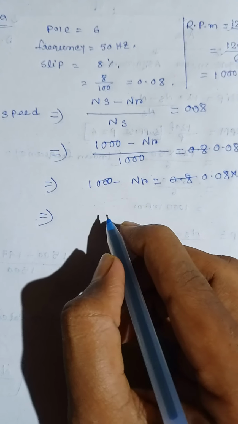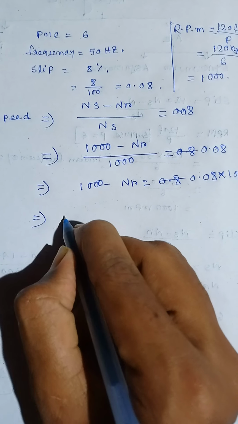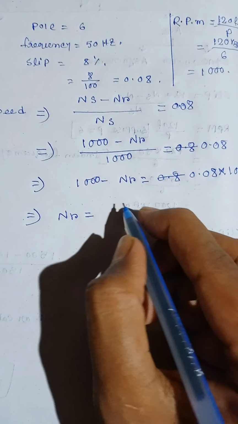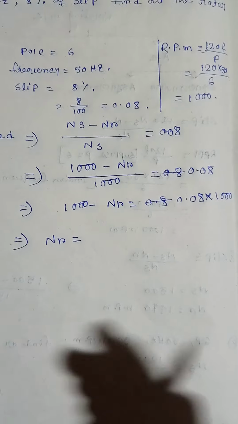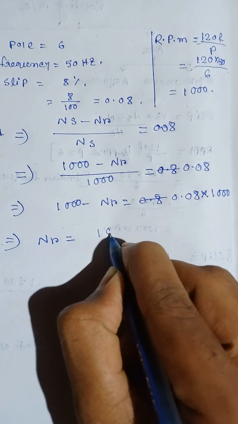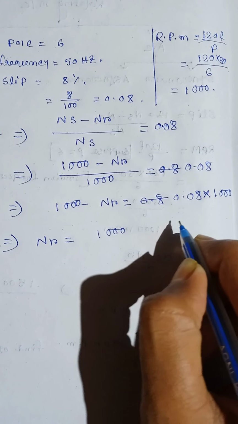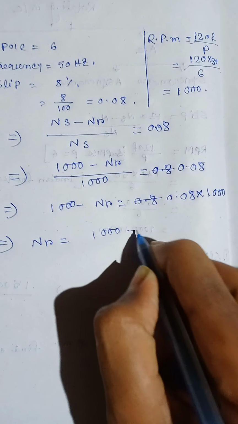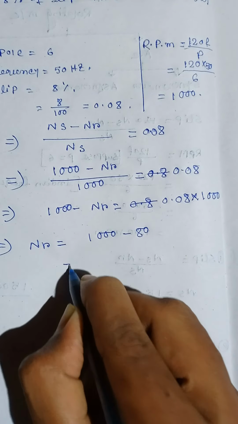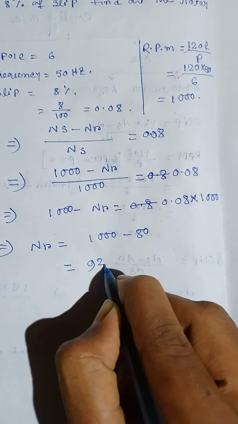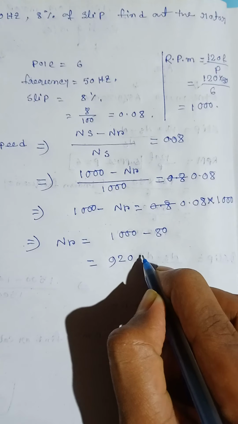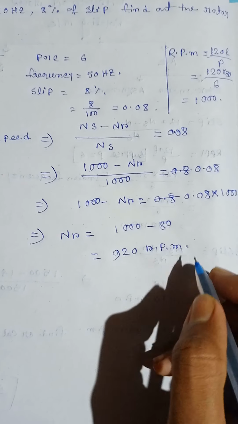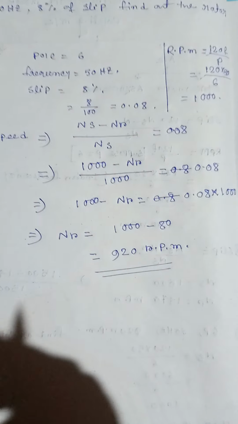So when you calculate, nr equals 1000, and when we multiply 0.08 into 1000, it comes to 80, so 1000 minus 80 equals 920 rpm. Okay, 920 rpm. It is the final answer.